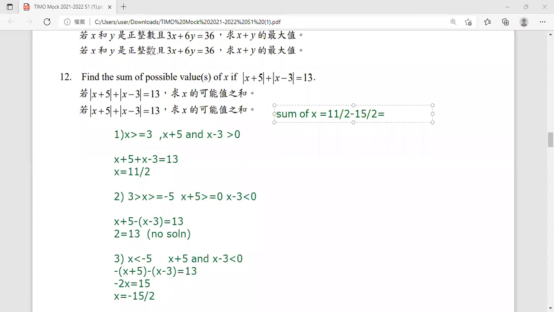Because you have a fraction, if you have a negative sign, the -2 can be put here, here, or here. It's the same. Okay, so the sum of x is -2.